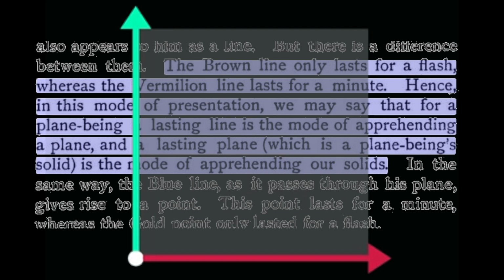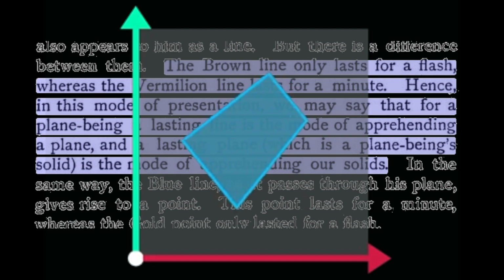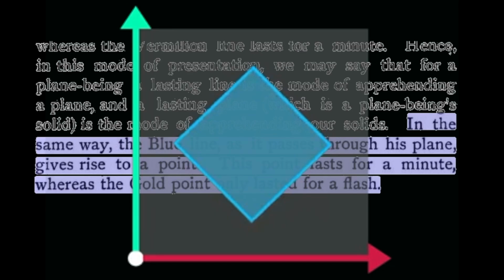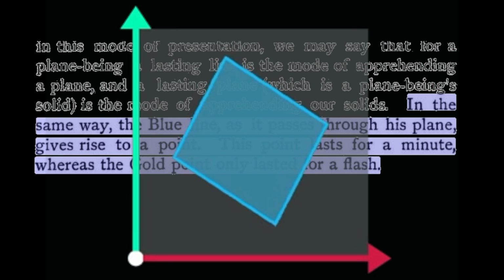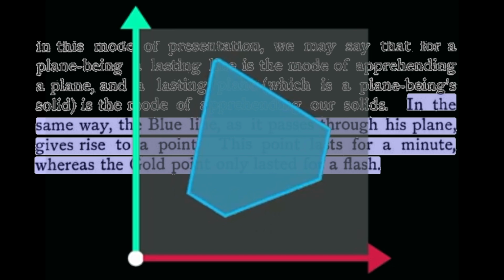Hence, in this mode of presentation, we may say that for a plane being a lasting line is the mode of apprehending a plane, and a lasting plane, which is a plane being solid, is the mode of apprehending our solids. In the same way, the blue line, as it passes through his plane, gives rise to a point. This point lasts for a minute, whereas the gold point only lasted for a flash.